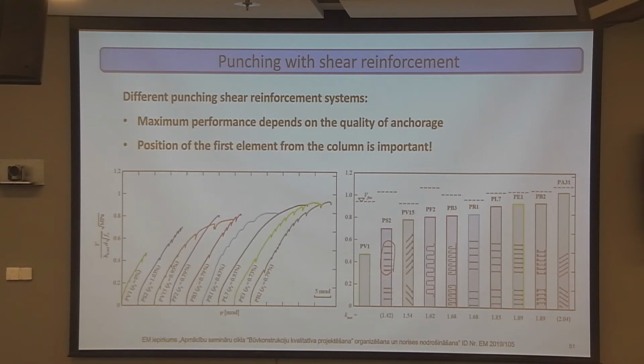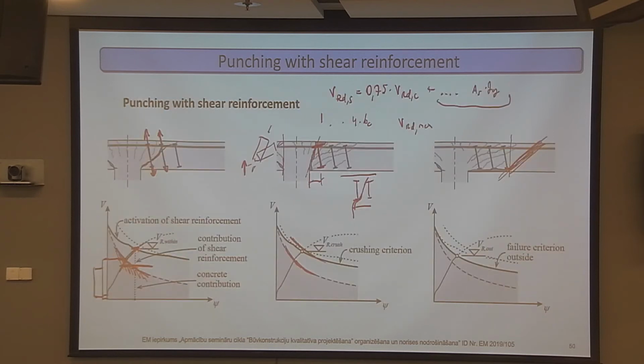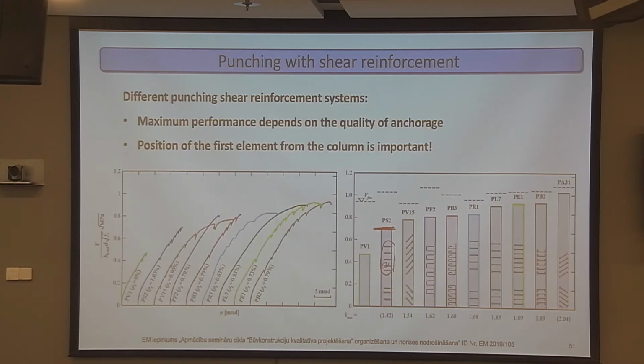But in this case, the top anchorage will be quite poor because there is no head on top of the screw, and we see that although we put a lot of screws in this slab, you don't reach much higher strength. This is because the anchorage in here is very poor, so the first strut will still be inclined quite low.